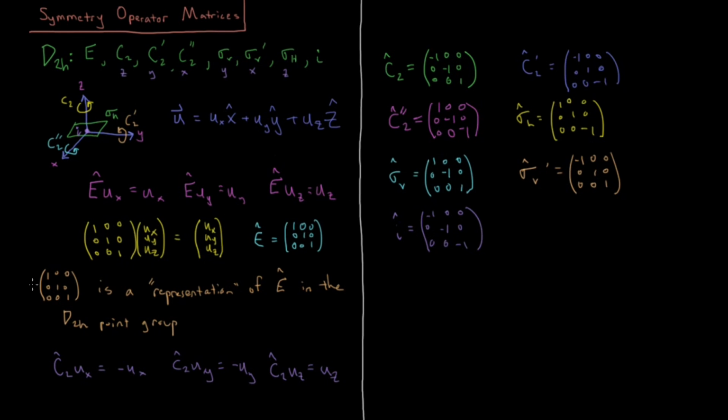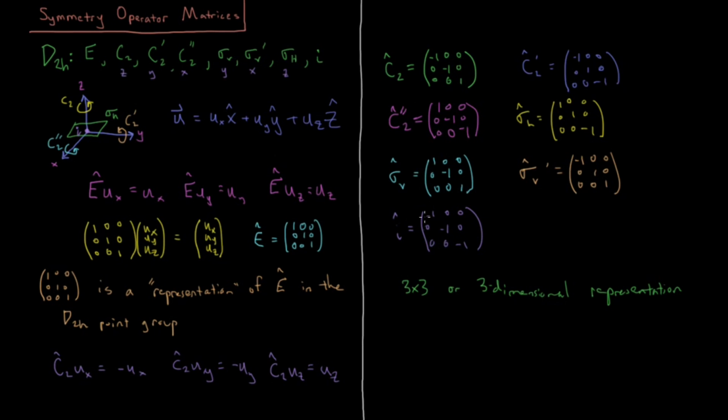You notice that for all 8 of these operators, I now have a representation of them in this D2H point group that is a 3 by 3 matrix. So this is a 3-dimensional representation of these operators in this specific point group.